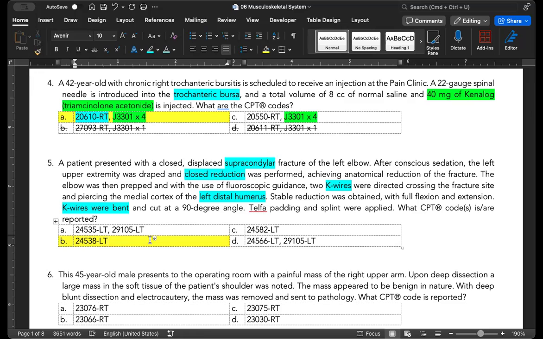I have that written at the top of every single one of my pages in the musculoskeletal system, just as that visual reminder. If I see those two treatment types, pins or K wires, that means that we have percutaneous fixation.